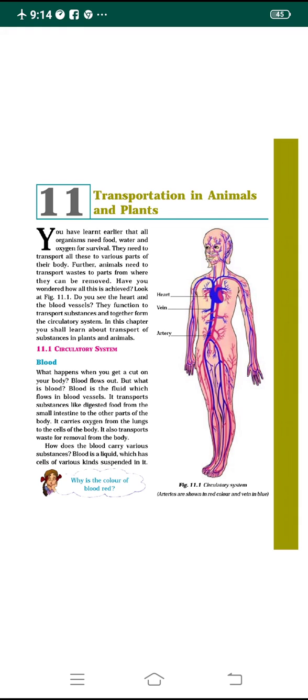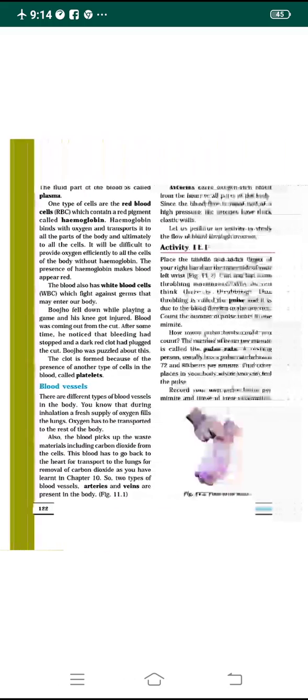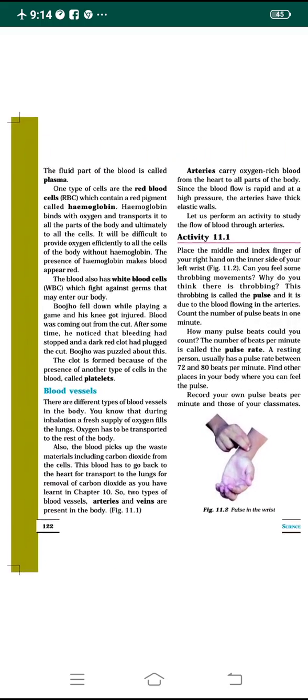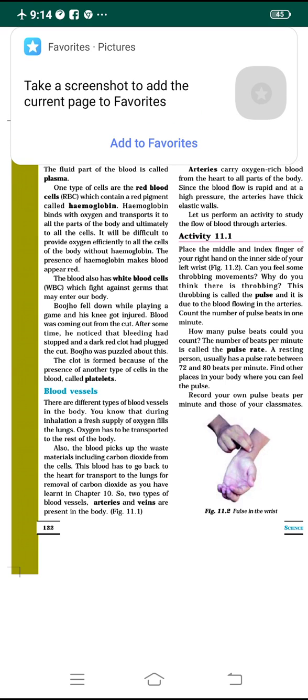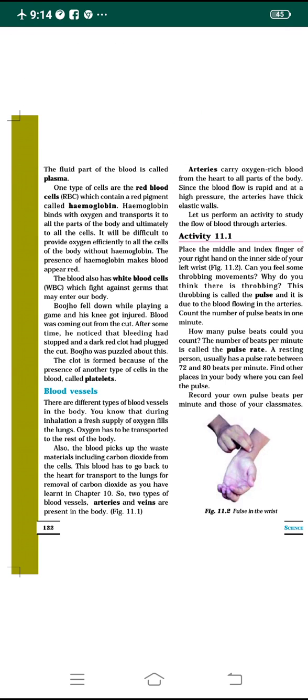Now let us see what kinds of cells are suspended in the blood. The fluid part of the blood is called plasma. Remember, all of you, my dear students, these are very important basic terms of the circulatory system. Try to understand and remember them properly. The liquid part of the blood is called plasma.